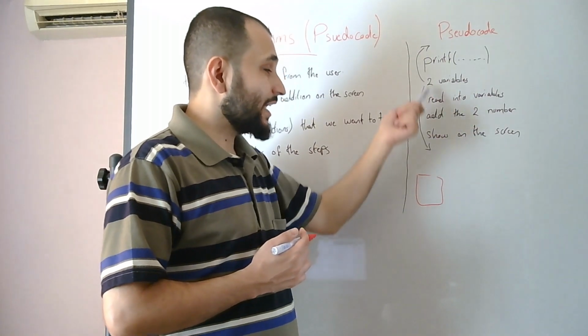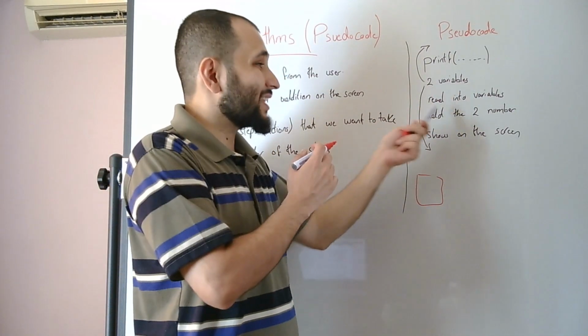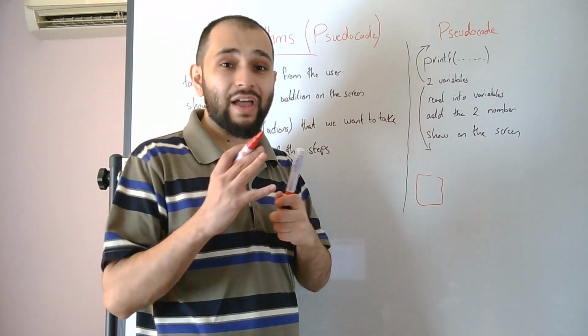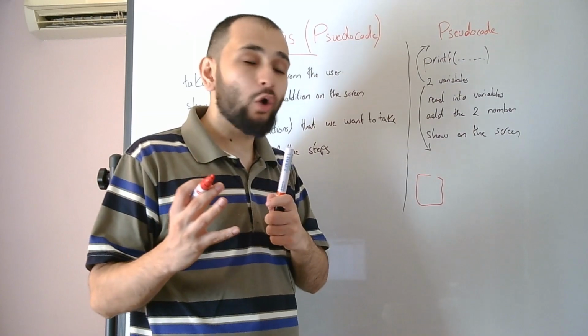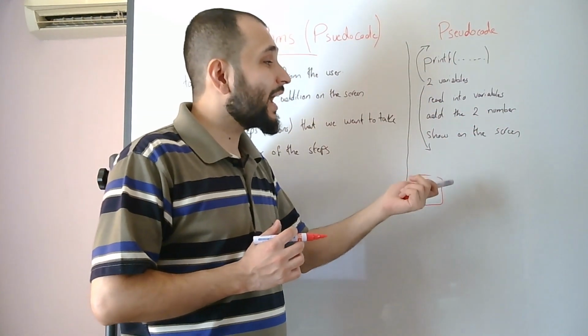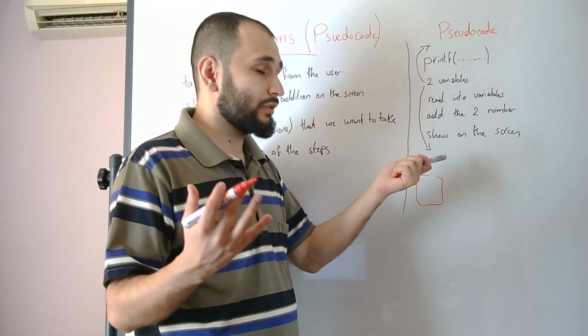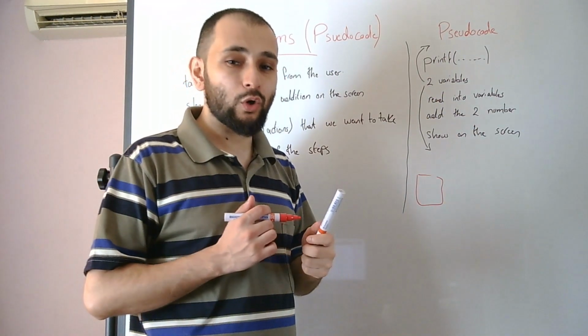And just like that, each one of these lines that you can see in here, we can translate directly into computer code, and then the computer code will be able to run and give us the result that we want to achieve. So this is basically what pseudocode is.